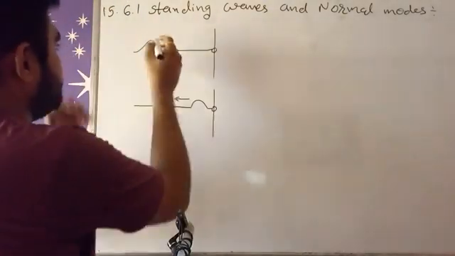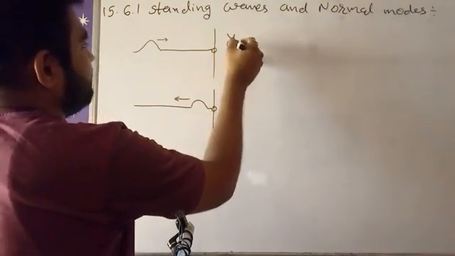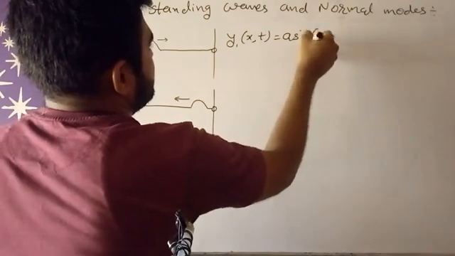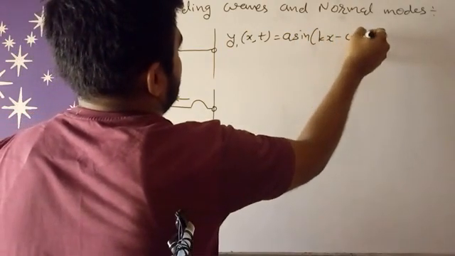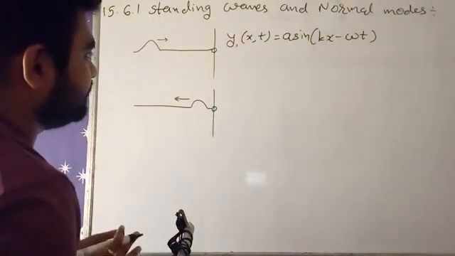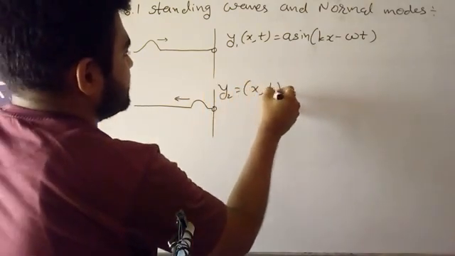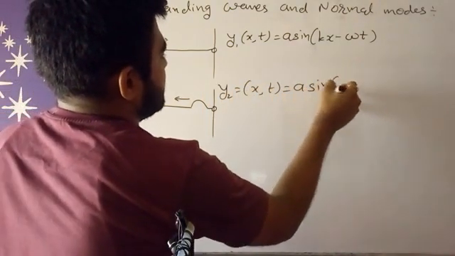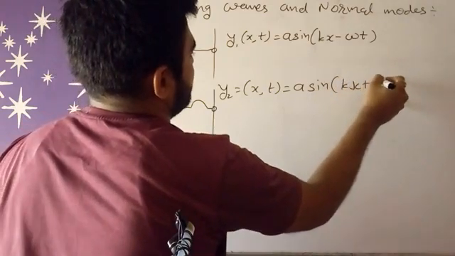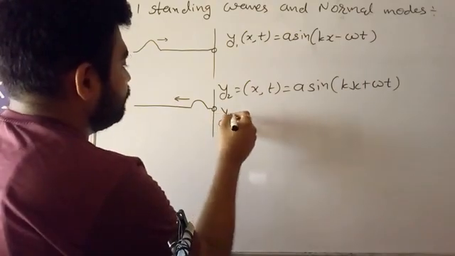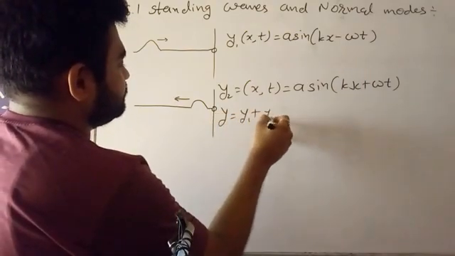Now, if this incident wave is y1(x,t) = a sin(kx - omega t) for the positive x direction, and for the negative x direction, y2(x,t) = a sin(kx + omega t), now we have to write the sum of these two, y = y1 + y2.